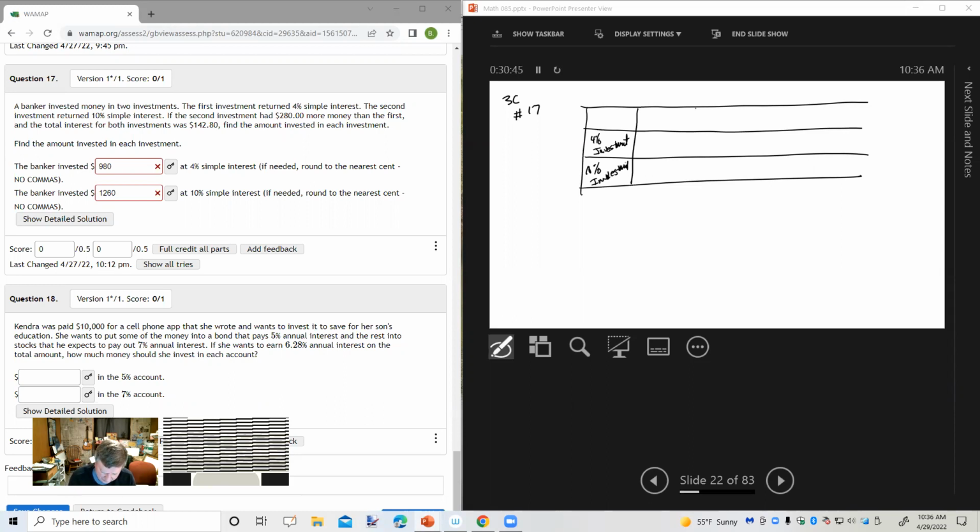Okay. The first investment returned 4% simple interest. So that's the interest rate. And the second investment returned 10% simple interest. That's the interest rate. If the second investment had $280 more than the first, oh, there's our comparison statement right there.